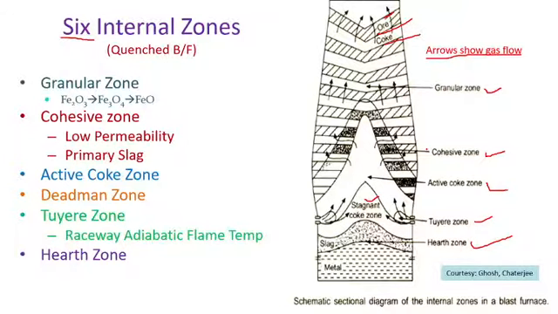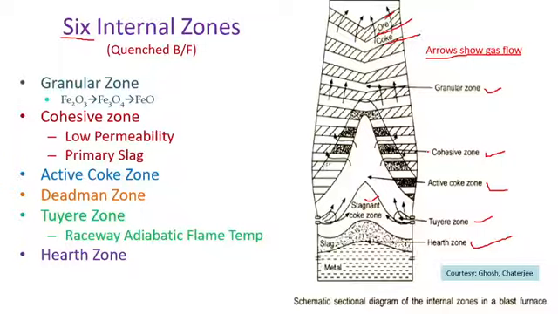Next comes the cohesive zone, which is also called the mushy zone. As the burden descends, its temperature rises as it comes in contact with the hotter ascending gases. Softening and melting of the iron-bearing solids takes place.